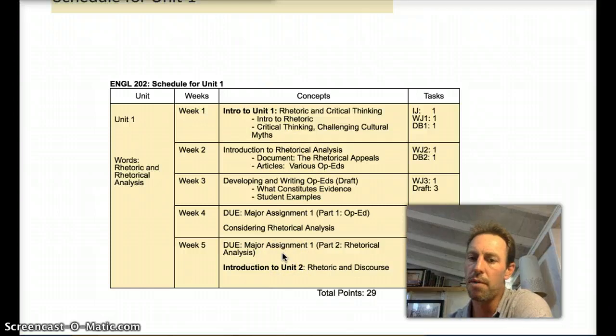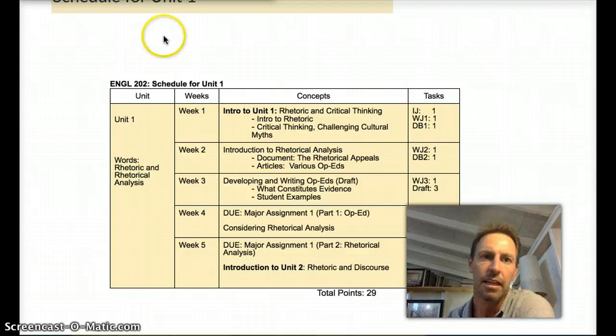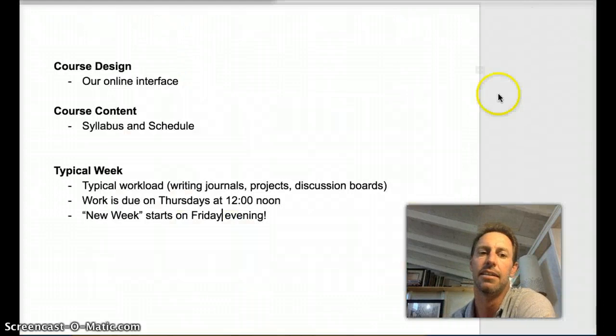But the real point I want to make right now is that I've also tried to give you an understanding of the points that you'll be collecting throughout the weeks. And so if you look here, in these first 5 weeks, you'll collect 29 points. And so I hope that you can see that I've tried to kind of break everything down to make it as clear as possible.